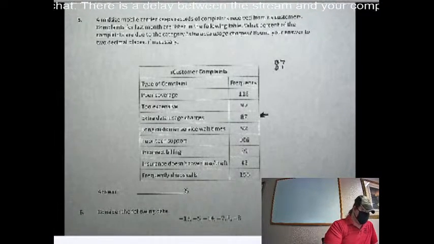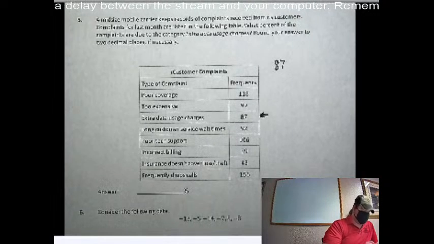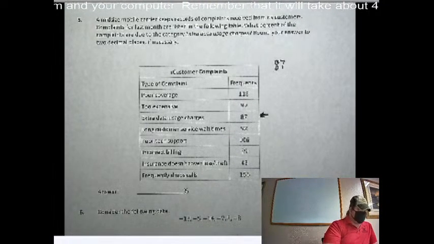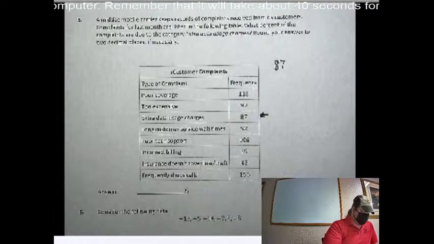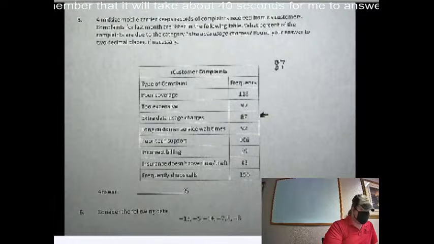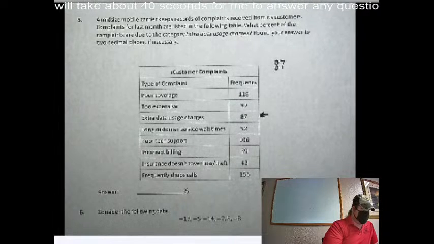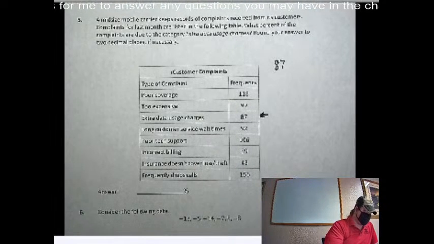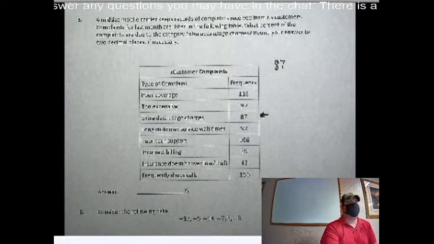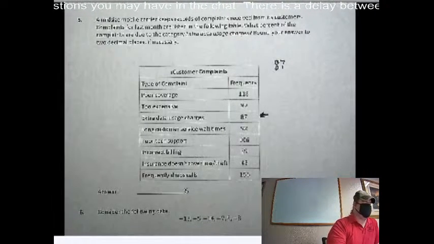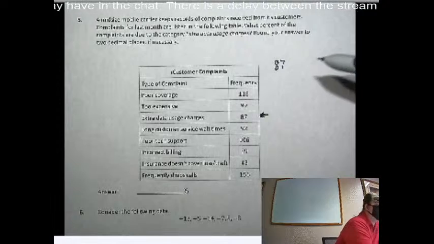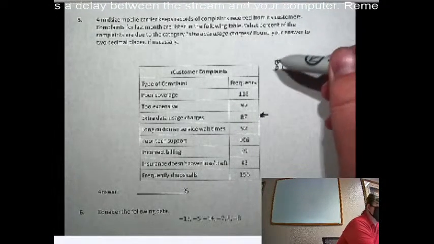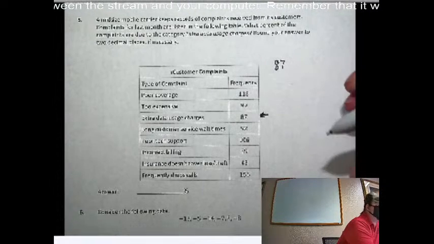So 118 plus 99 plus 87 plus 92 plus 106 plus 89 plus 43 and then plus 156. And that comes out to 790. Now here's an important question. Am I going to put 790 on top of 87 or below 87 in a fraction?